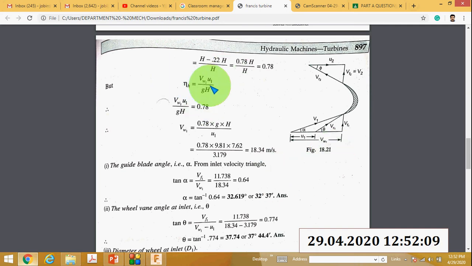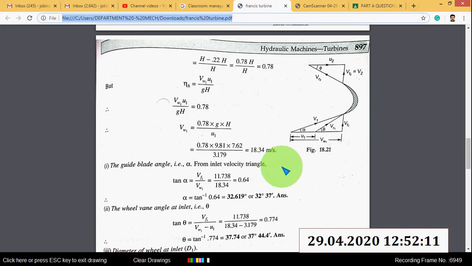So tan alpha is equal to Vf1 divided by Vw1. So find the value of this alpha.